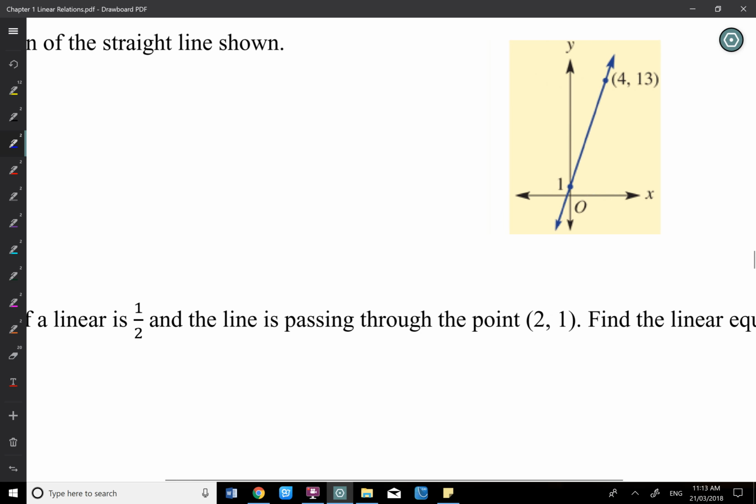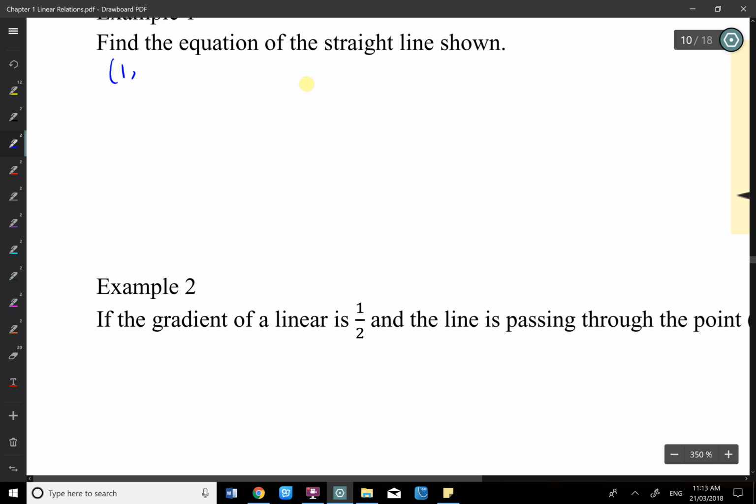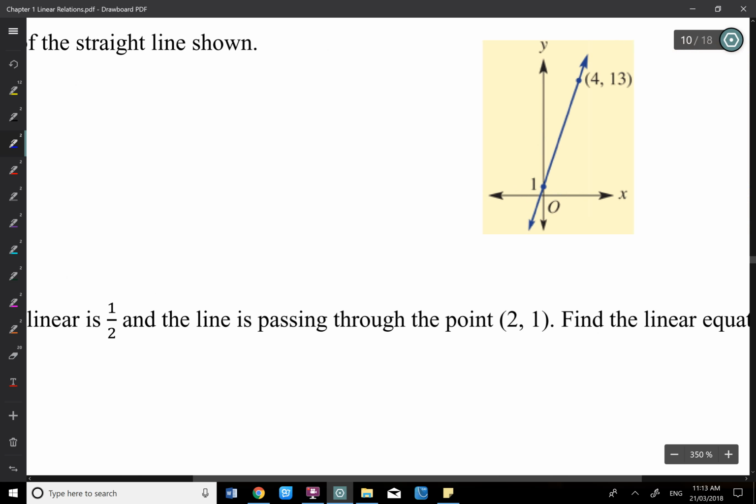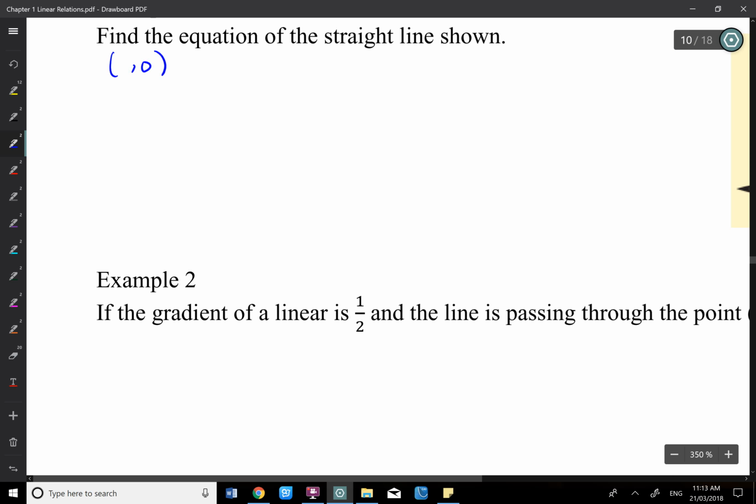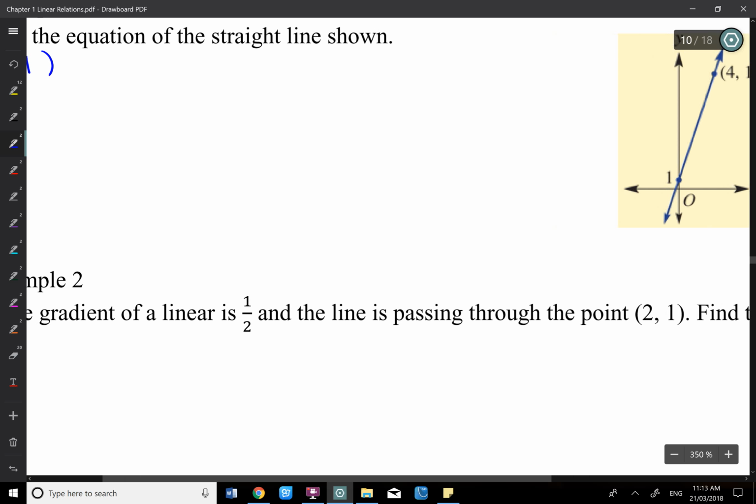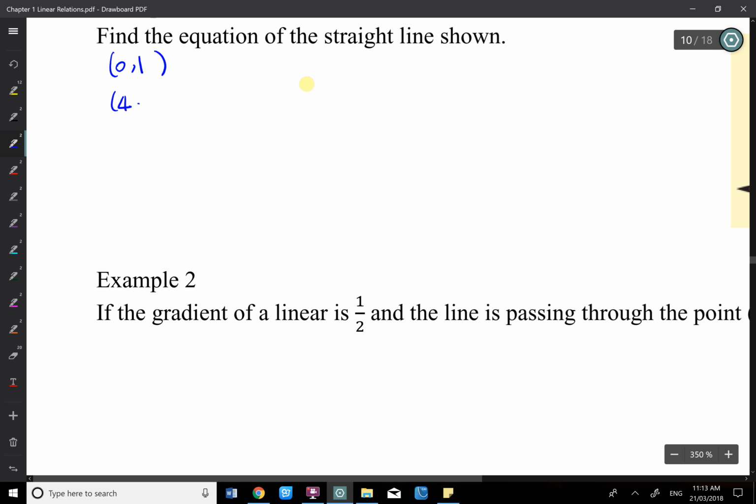So we can see this point is 0, 1, and another point is 4, 13. So we can say this is x1, this is y1, this is x2, this is y2. We can label any point as x1 and any as x2.